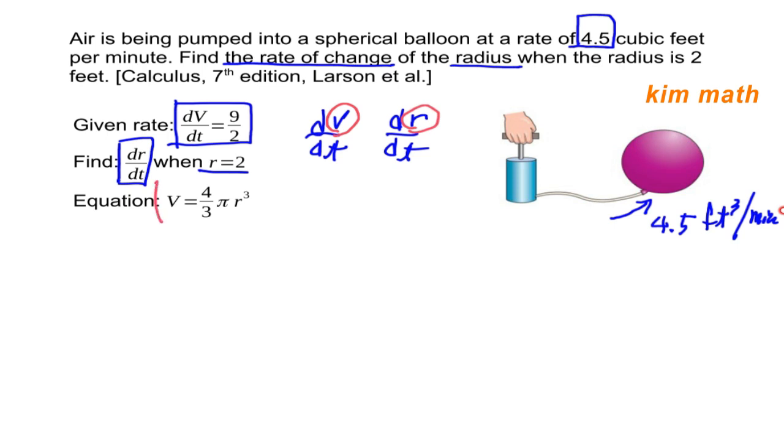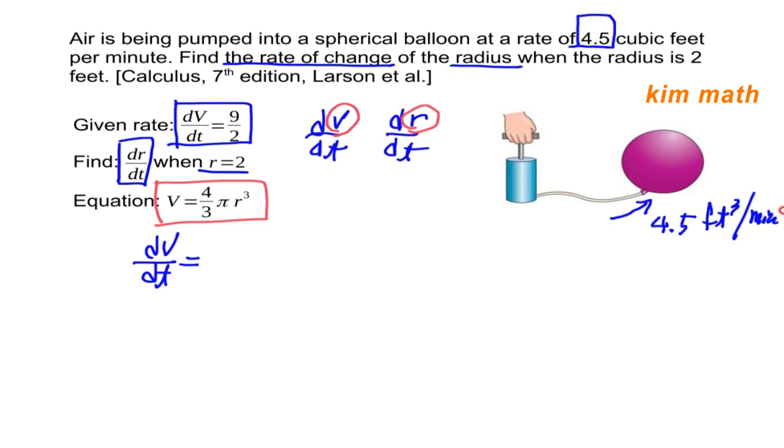Yes, definitely we can use this one, right? The volume of the sphere is 4/3 pi r cubed, where r is the radius of the sphere. In this equation, please differentiate both sides with respect to time, the third variable. Now you have dV/dt on the left side.